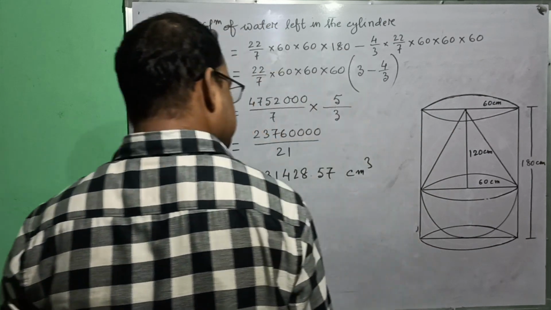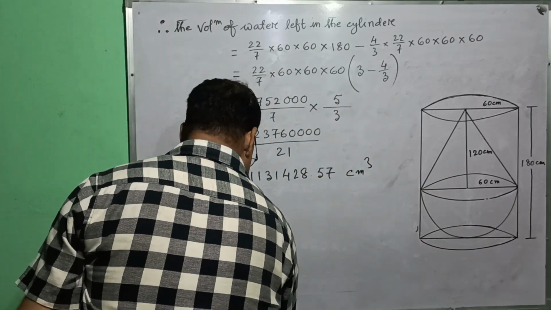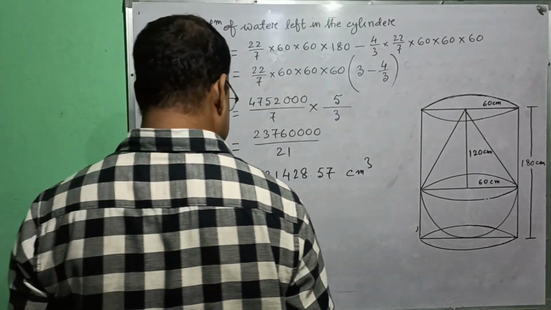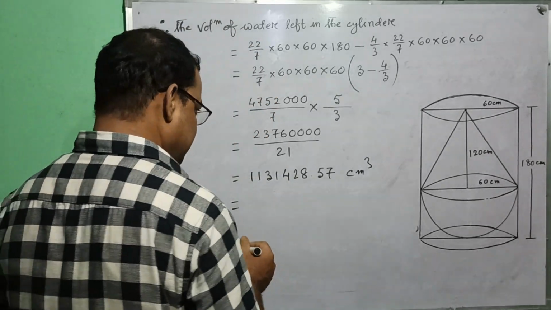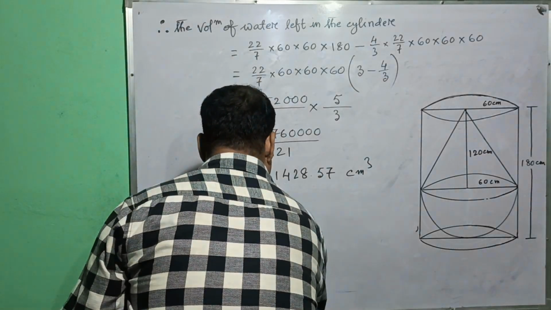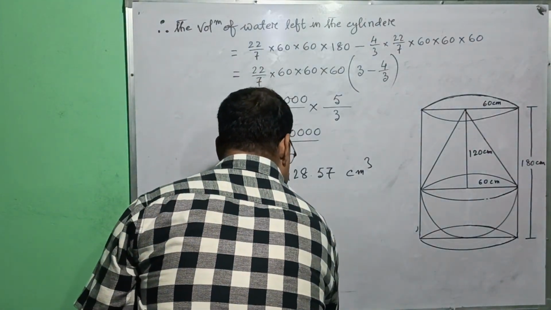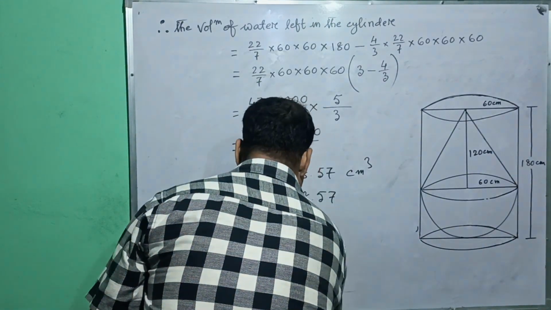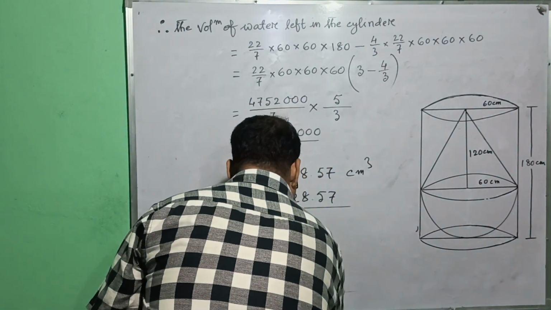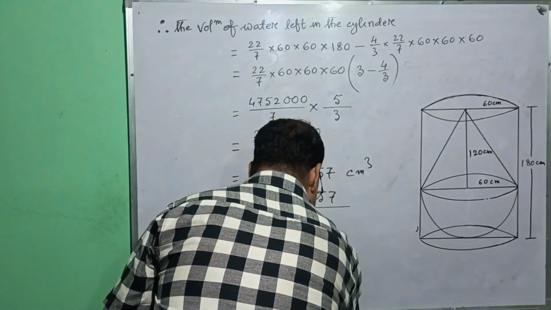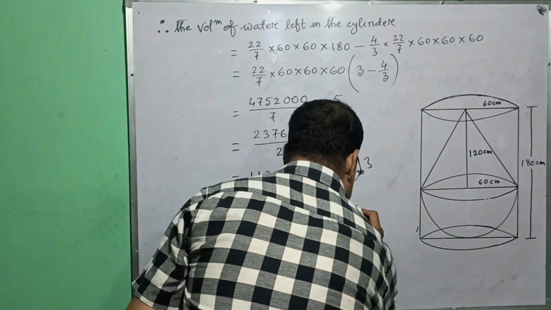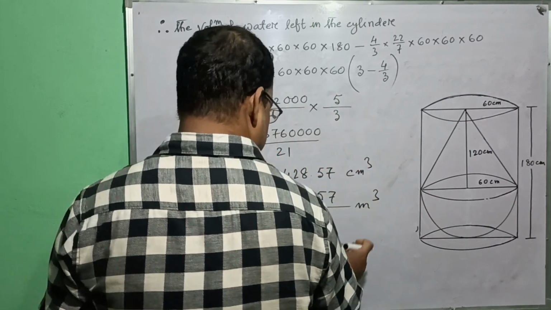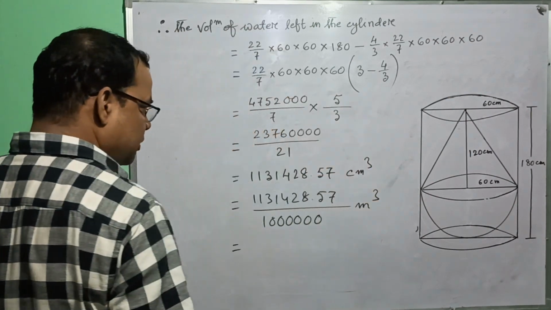So after this also you can write the answer, but if we want to convert it into meter cube, we have to divide it by 10 lakh. So it will be 1131428.57 divided by 10 lakh, as we are converting into meter cube. Why?